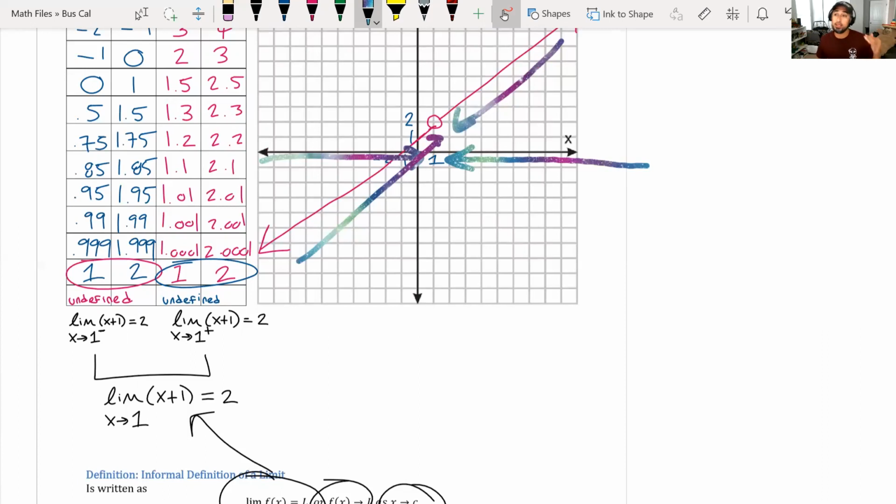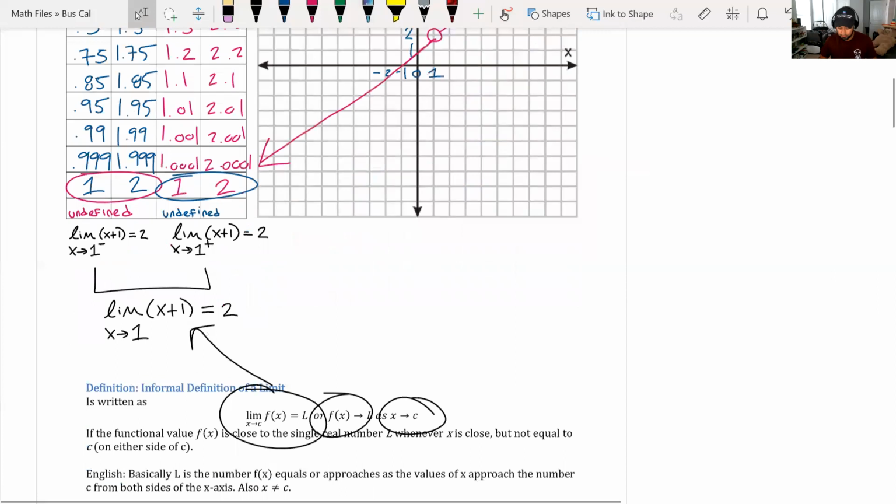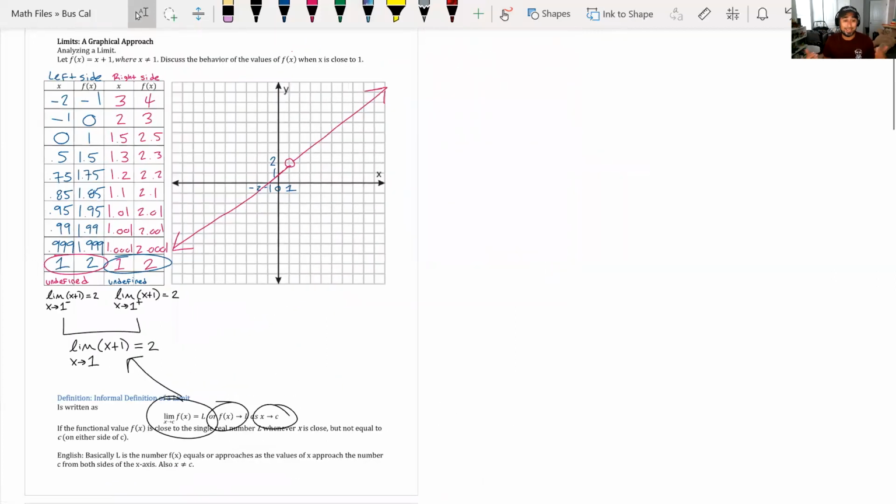Like I said, in English, as x gets really, really close to a number, all we really want to know is what is y doing? What is y up to? What number is y approaching? And for this one, we said as we approached 1 from both sides, y got really, really close to 2. But it never landed on 2. There you go, guys. That is the informal definition of a limit.